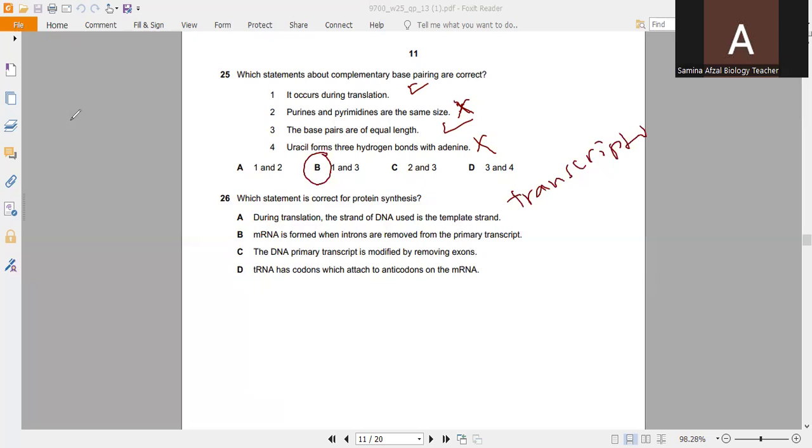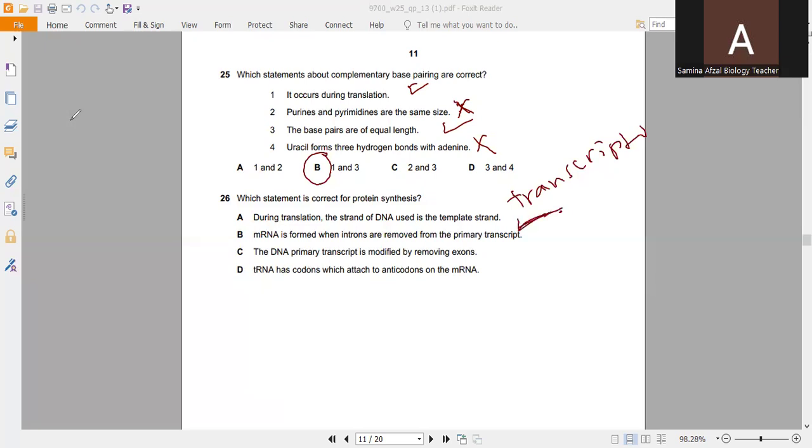Messenger RNA is formed when introns are removed from the primary transcript. In eukaryotic protein synthesis, the initial transcript contains both exons and introns. So post-transcriptional modification removes the non-coding introns and joins the exons together to form mature messenger RNA. So this is a correct statement.